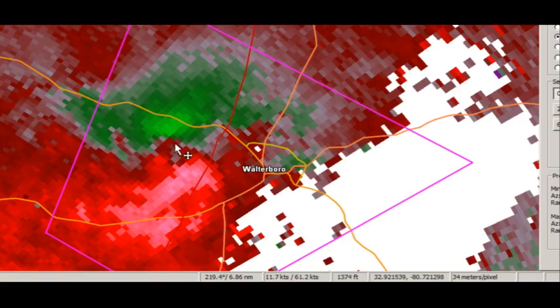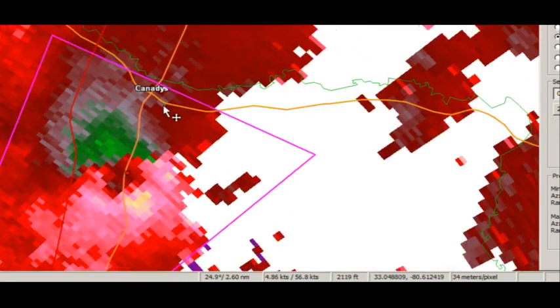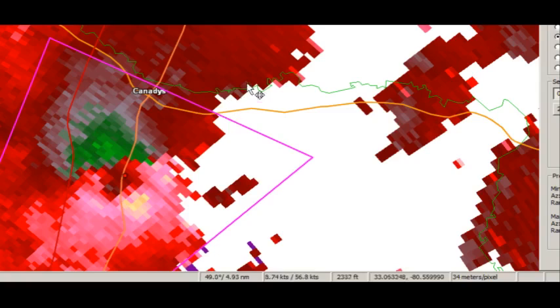So the motion is 40 degrees relative to true north. So that's going to be like that. So with that figure in my head, I can kind of get an idea who's under the gun right now. So 40 degrees out from that is going to be about right there. So this whole area, especially just east of this town here, Kennedy's, is what I would be watching here for danger.